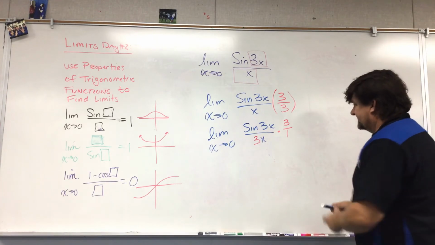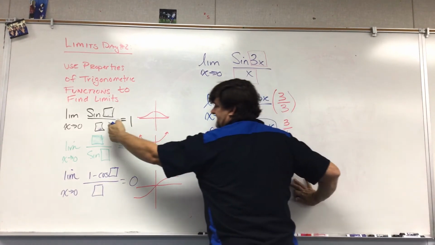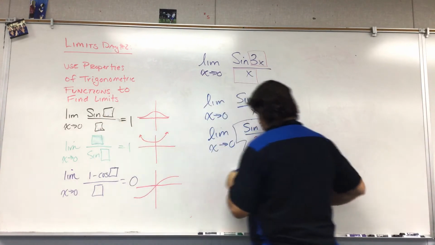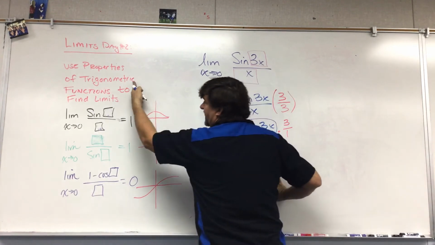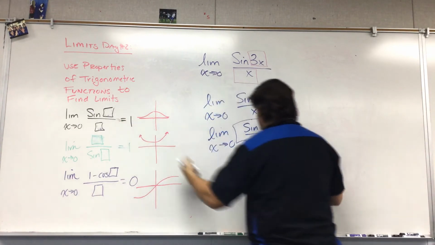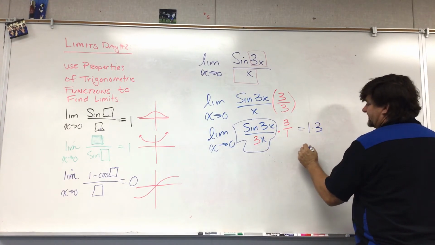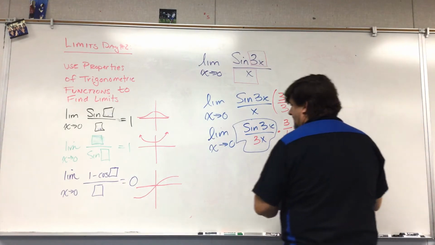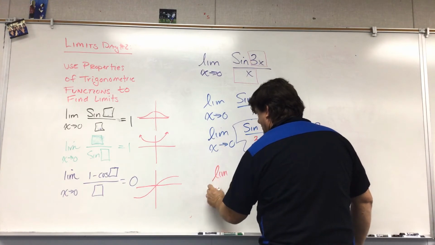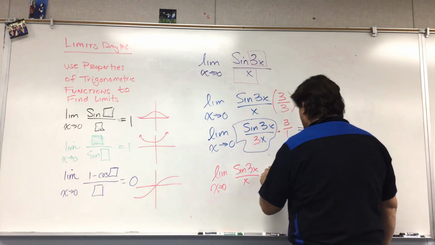But what we notice is this represents the same thing as this. The boxes are the same. So the sine of 3x over 3x, due to properties of trig functions, is always going to be 1. Therefore, this limit is 1 times 3, which means it is 3. So the limit as x approaches 0 of the sine of 3x over x equals 3.